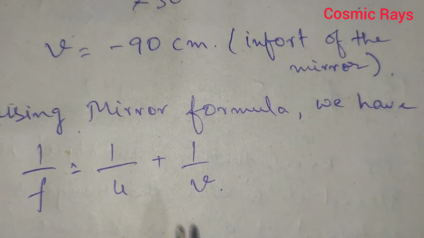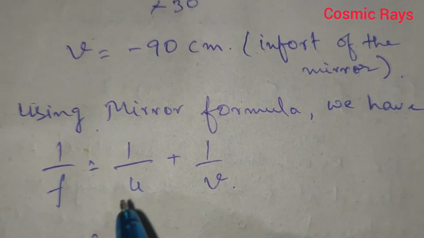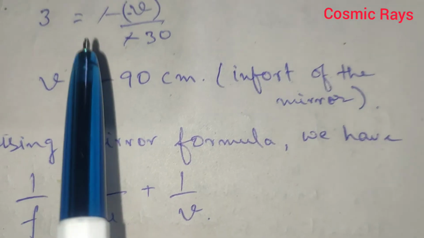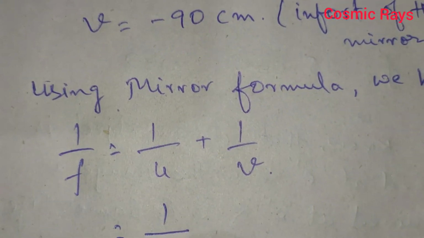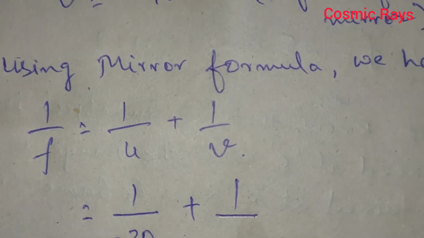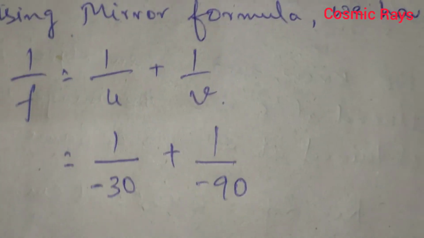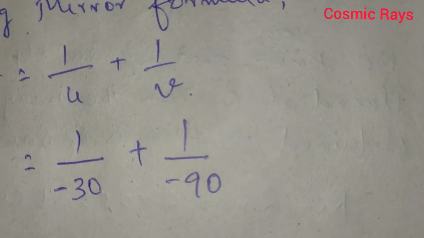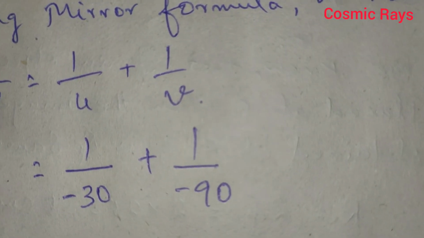Now we can simply put the values. 1 by u is given in the question, minus 30 centimeter. So minus 1 by 30 plus 1 by v is minus 1 by 90. Now if you calculate it, the LCM would be 180.